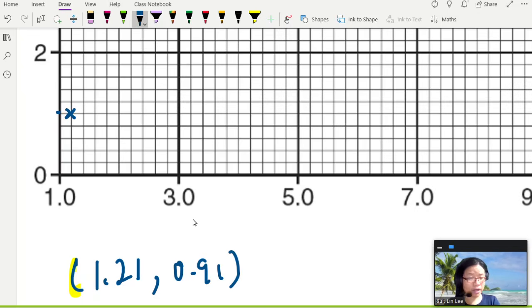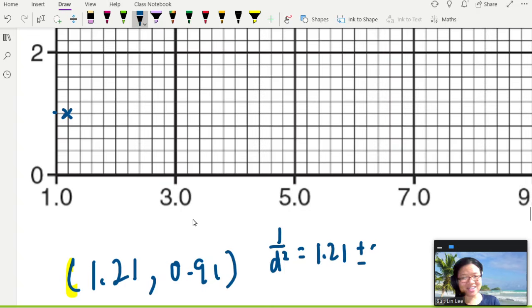Okay, what about the error bar? The error bar was plus minus 0.03 because the actual reading for your 1 over d square was 0.91? Did I plot correctly? Oh no, it looks something wrong. Is it something wrong? No, correct. Hang on. I also don't know what I'm talking about. 1.21 plus minus 0.03.